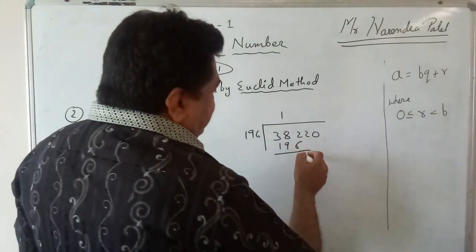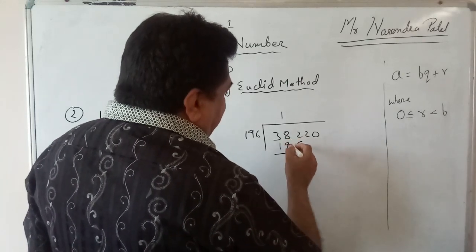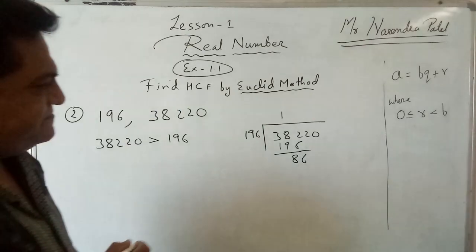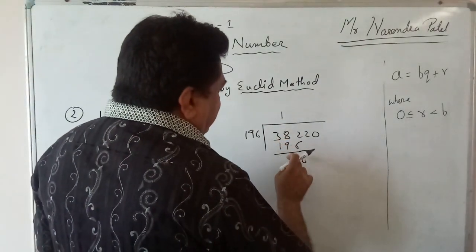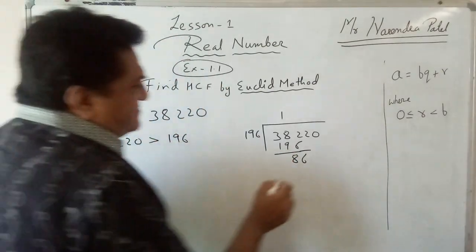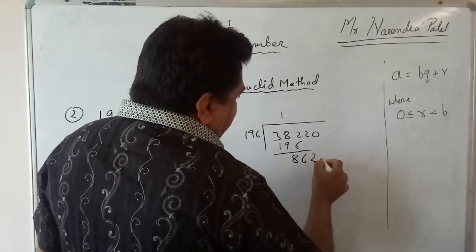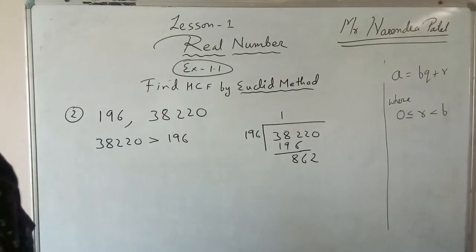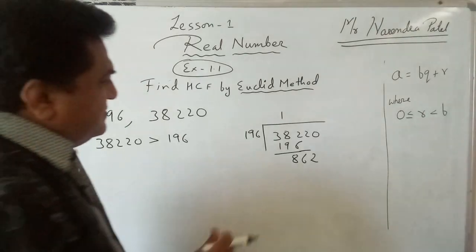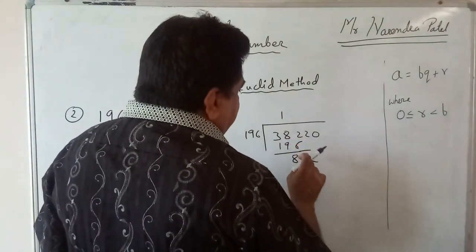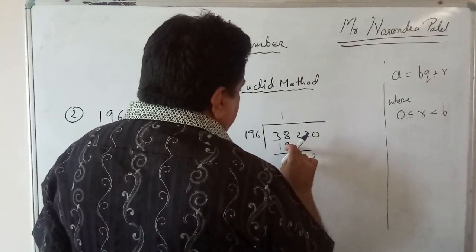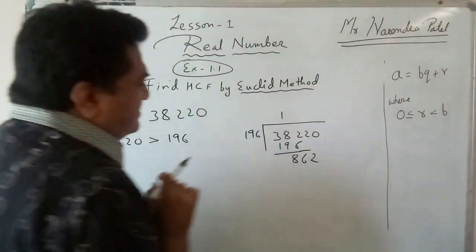So we will minus it. 6, 7 minus 9, 8, 86. 9 plus 17, right? So carry 2 downward. Now 12 minus 6, that is 6, right? 7 minus 8, 9 plus 8, 862.